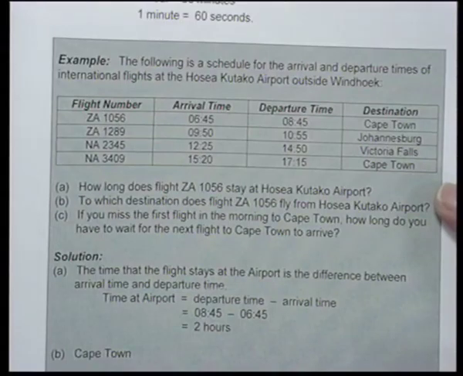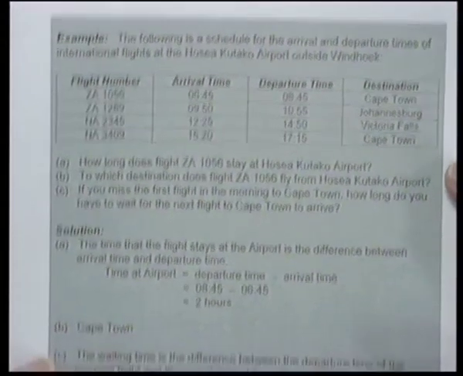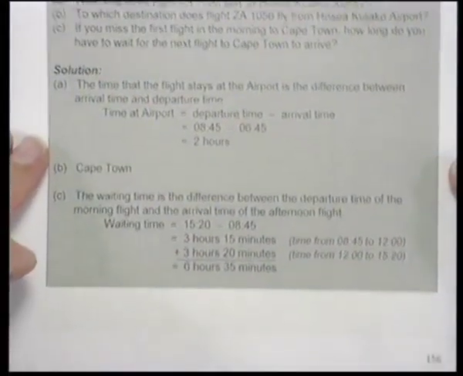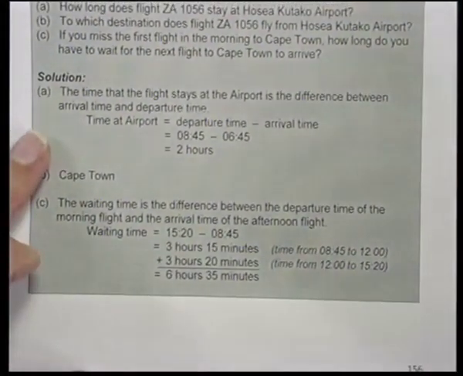What time they arrive and what time they depart. Then they must be able to subtract and add time. And they must also remember that there are 60 minutes in an hour and 60 seconds in 1 minute, and not 100.